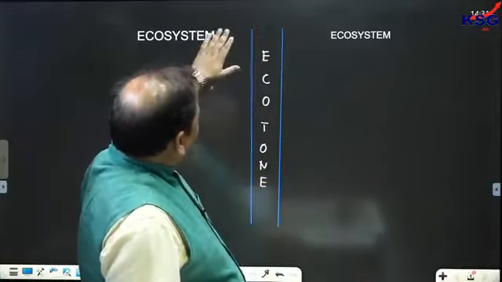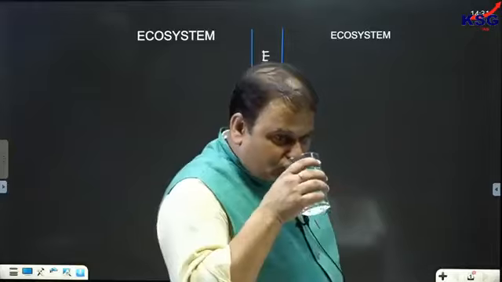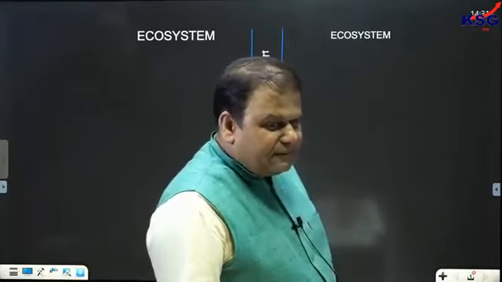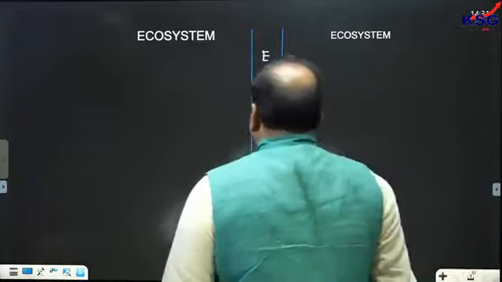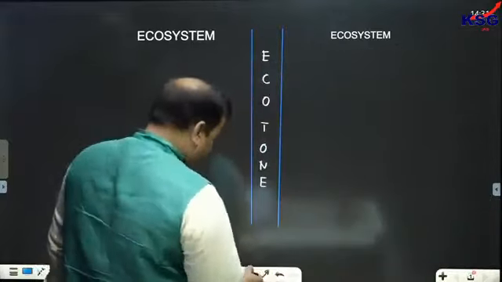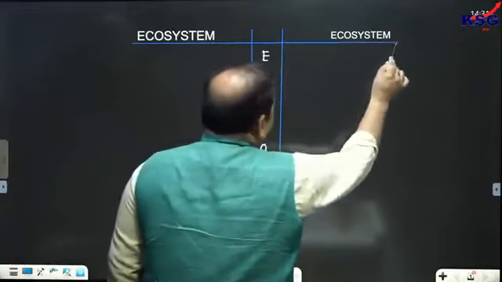Ecotone is not only a demarcation zone between two ecosystems, but also a zone of competition.